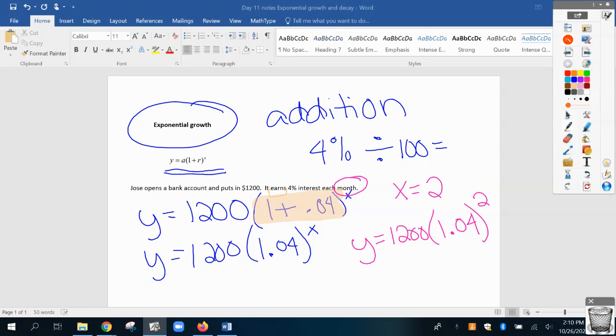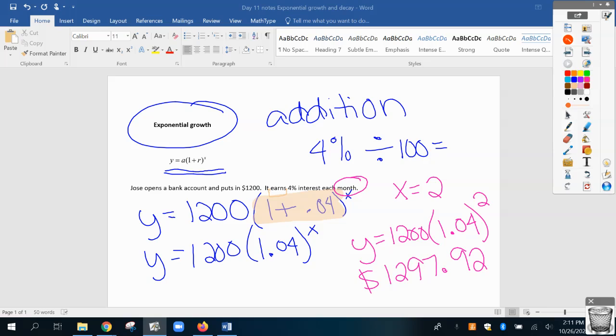Okay, so in your calculator, I want you to evaluate this. Just type it in exactly how you see it and tell me what value we get out. Okay, we get out 1297.92. So after 2 months, if Jose didn't touch that money, now he has $1,297.92.